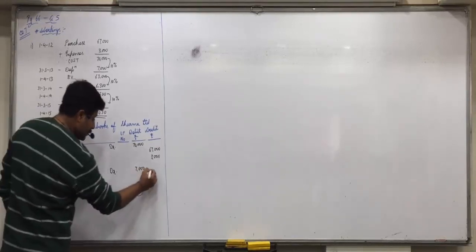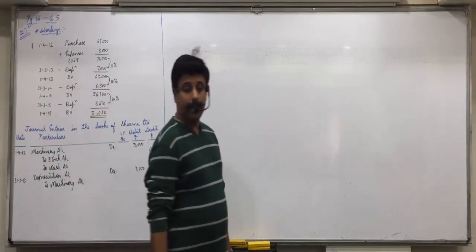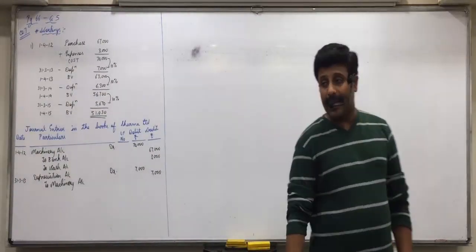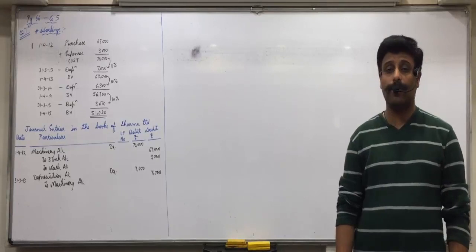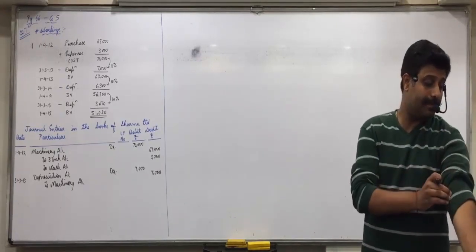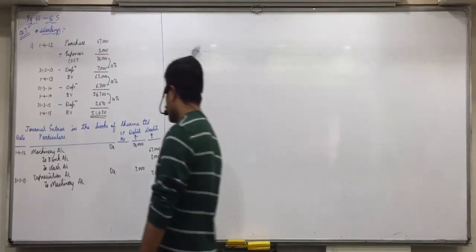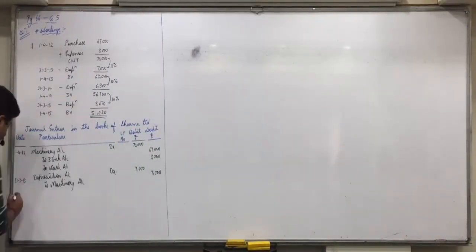Did you all understand this? Being depreciation provided at the rate of 10% by RBM, reducing balance method, okay. And then this will be transferred to profit and loss account.